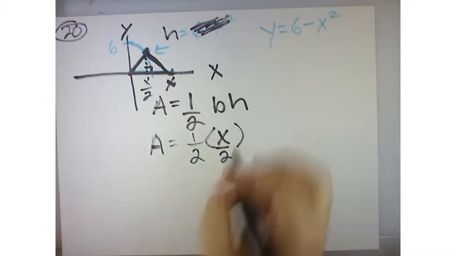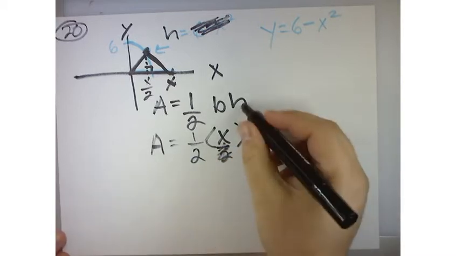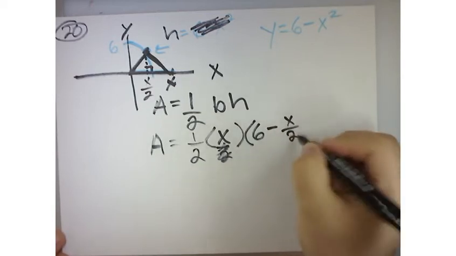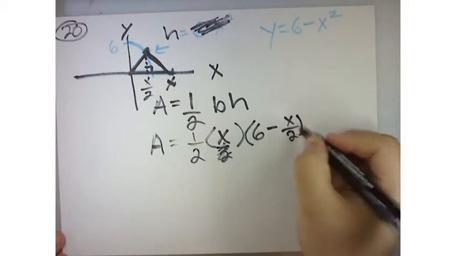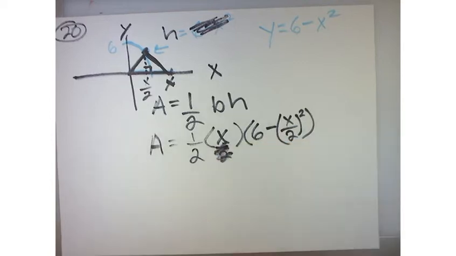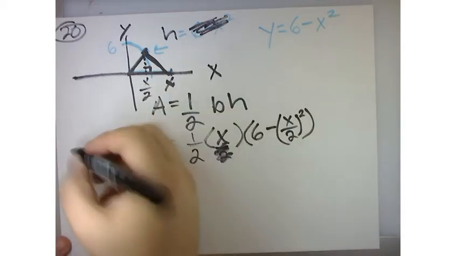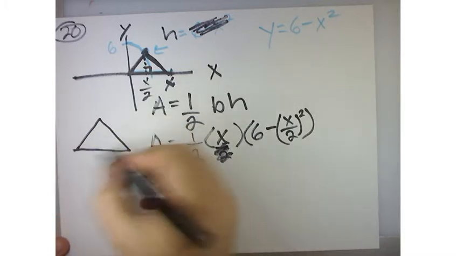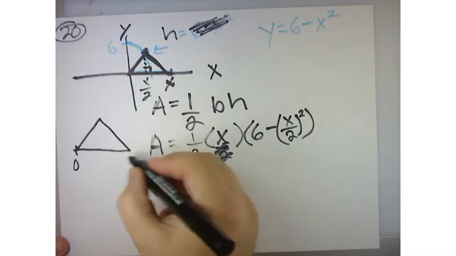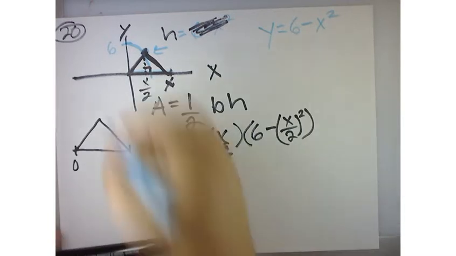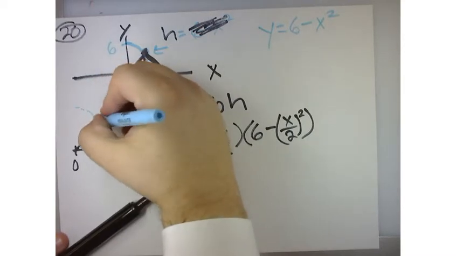Oh wait, I did that wrong. It doesn't go there. But my height would actually be 6 minus (x divided by 2) all squared, right? I'll give you a second to let that process. So what I'm saying is that this triangle, I'm going to draw it out separately. We assume this is 0 and we go out to x. Now I have a curve that comes through the vertex like this.